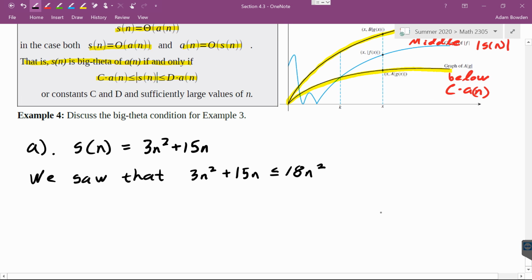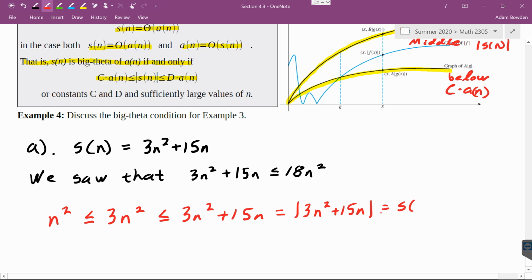Now we can continue on here and say that n squared is less than or equal to 3n squared, and that's less than or equal to 3n squared plus 15n, which is equal to the absolute value of 3n squared plus 15n, or, in other words, S of n.